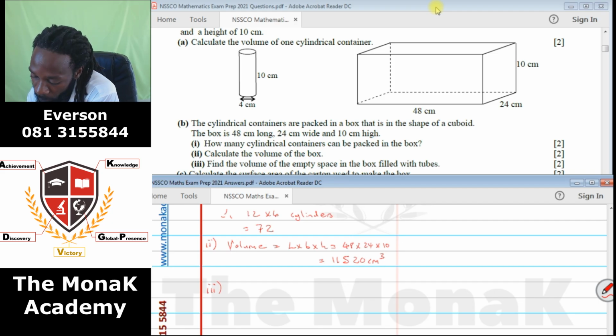Now we subtract the volume of the cylinders from the volume of the box. For our cylinders, remember it's pi times radius squared times height, and there are 72 cylinders.